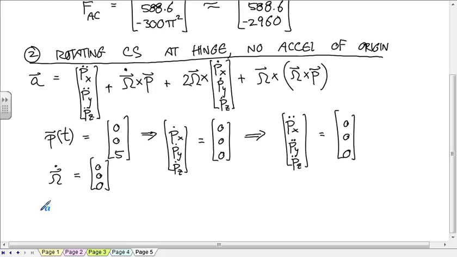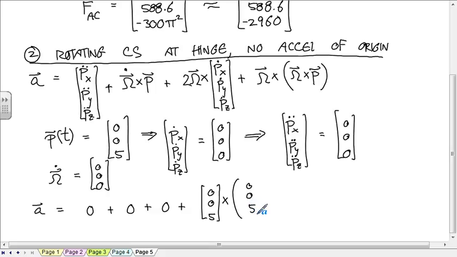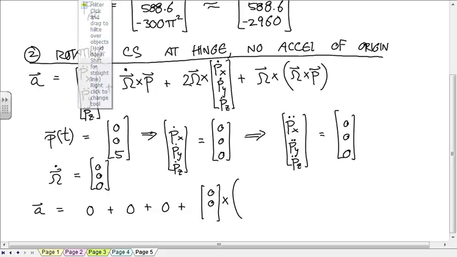Okay, so plug that into the acceleration equation, and you get 0 plus 0 plus 0 for this one because the components dot are 0, plus 0, 0, 5 crossed with... is that right? No, those are the positions. So what was it? Positive y, right?